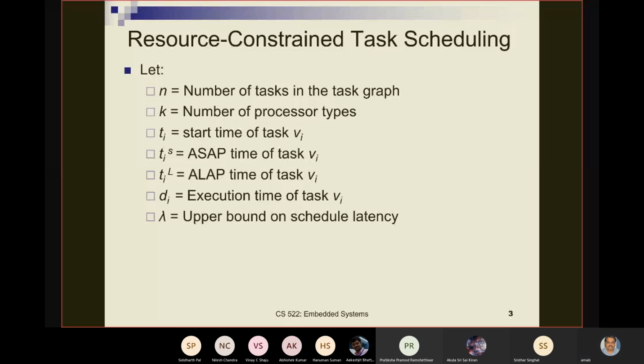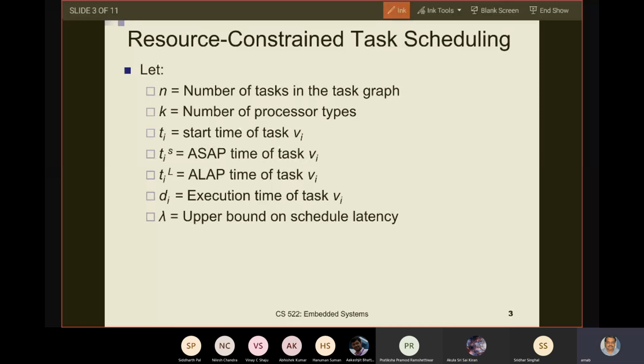Fine. So I am on slide number 3. For this problem, we had defined a few variables, where N is the number of tasks in the task graph. K, the number of processor types.